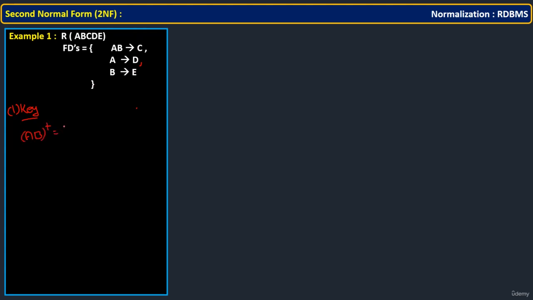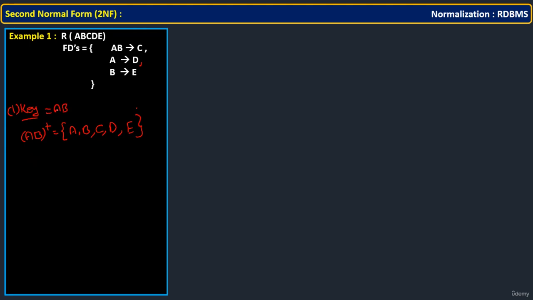A, B closure: A will be there, B will be there. Then A, B together derive C. And A derives D and B derives E. So we are able to derive all attributes using these two attributes. So the key is going to become AB.